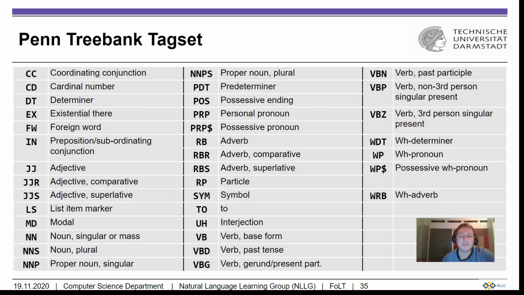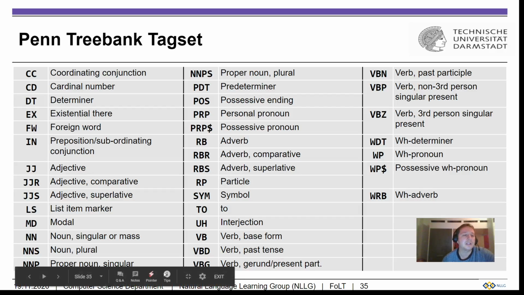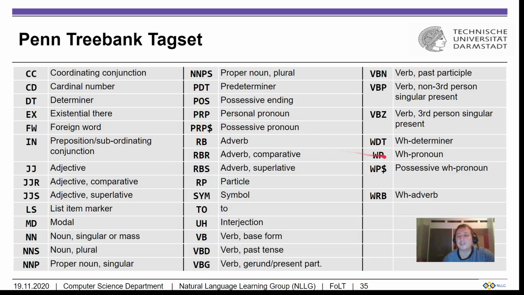This can be part of speech tags. It can be dependency parses, which we're going to see in the upcoming lecture. So there are a lot of human annotations and classifications in there, and here's the tag set that it has for English. The Penn Treebank is an English data set, so this tag set is specifically suited for English.